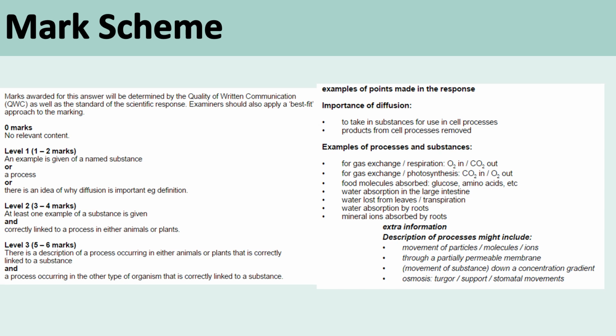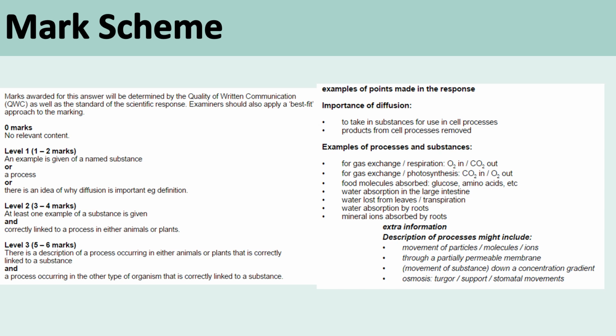So in the first bit, you can see it talks about why diffusion is actually important. So you've got substances moving in that are used by the cell, like respiration is going to use oxygen, things like that. And underneath it, you've got some of the examples that you could be using. So you could be talking about gas exchange, so O2 going into the blood, carbon dioxide diffusing out. Or you could be talking about gas exchange in plants for photosynthesis.